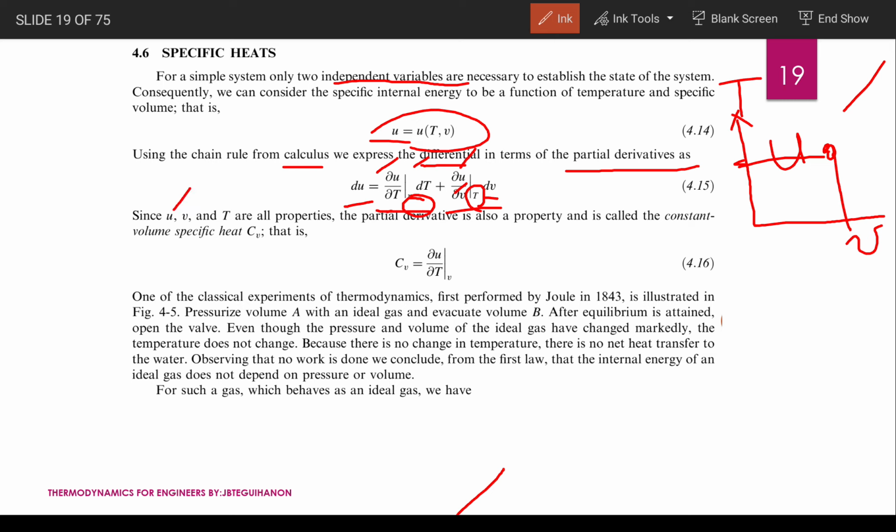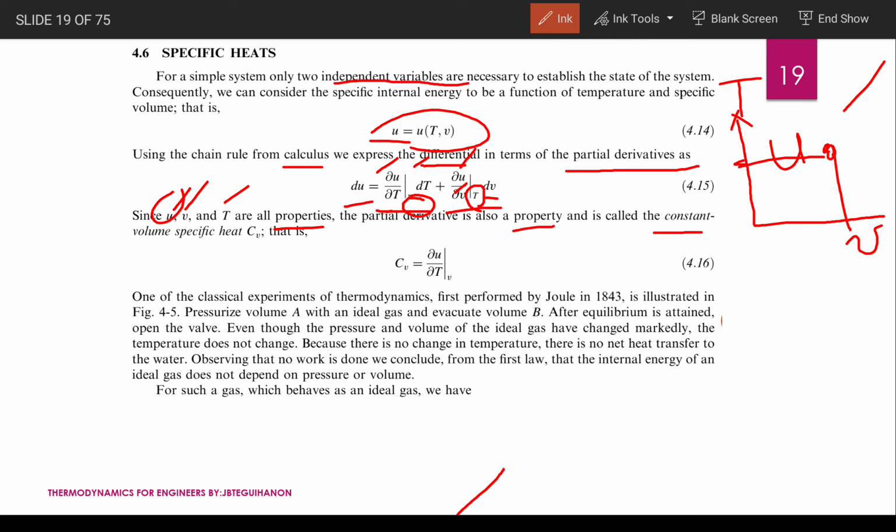Since small u stands for specific internal energy, and specific volume and temperature are all properties, the partial derivative is also a property.